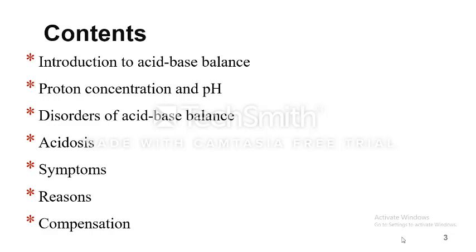There are two main types. First is acidosis. We will discuss what acidosis is in detail, and we will see the symptoms of acidosis, what are the reasons that cause this situation, and then what is the compensation that takes place in our body in response to this condition, that is acidosis.